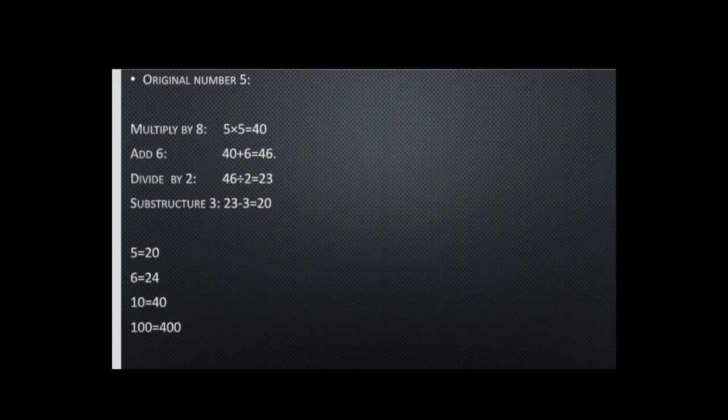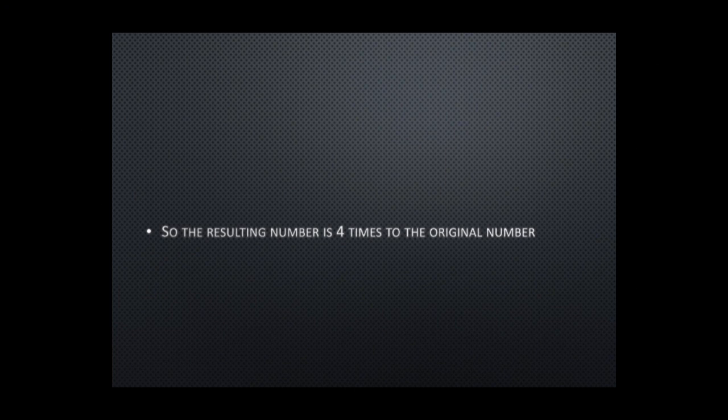That's the final answer. Kung gagamit tayo ng 5, equals 20; ganun din sa 6, magiging 24. Sa 10 naman is magiging 40 and sa 100 is magiging 400. So the resulting number is 4 times the original number. Thus we hypothesize that using the specified process results in a number that is 4 times the initial number, or original.